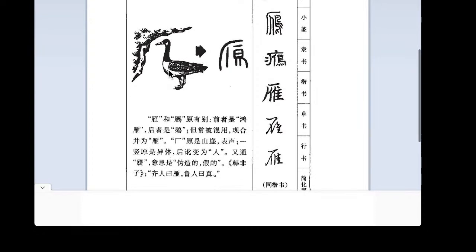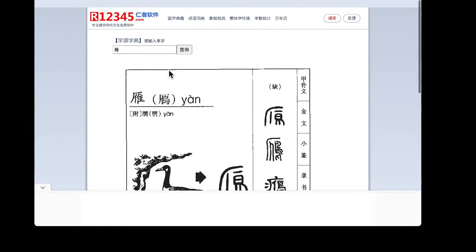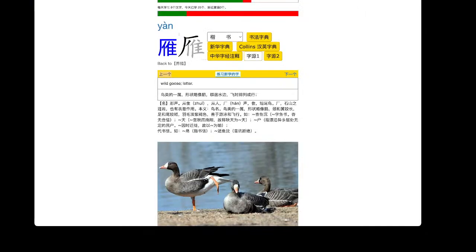Yeah, this is a cave. I don't know why the goose is a bird in a cave. It doesn't really make sense to me, but that's what that is.